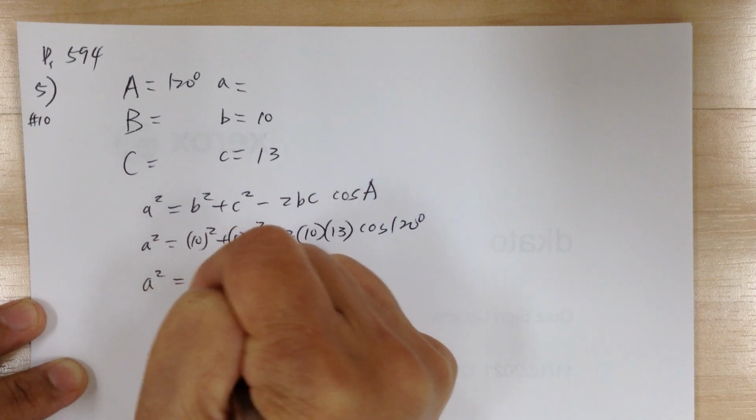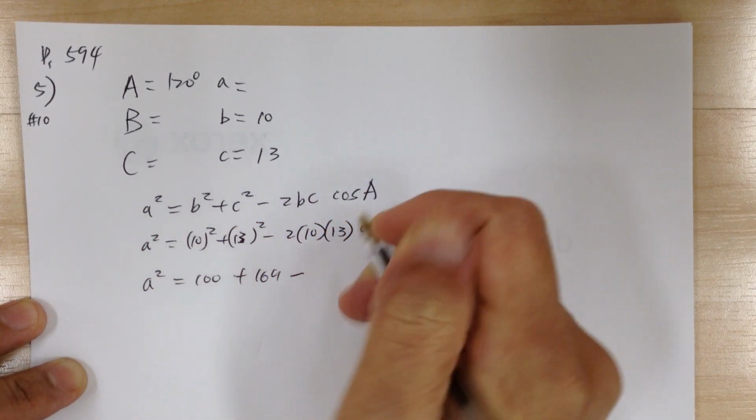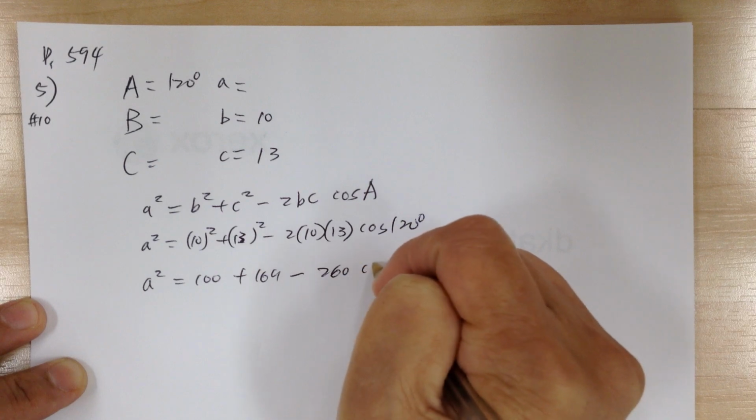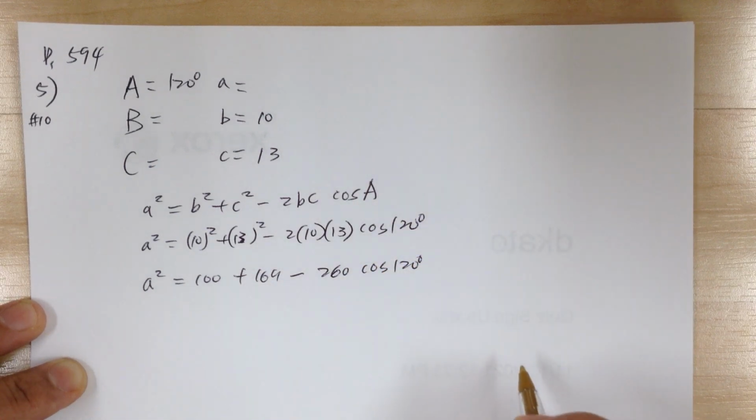So a squared equals 100 plus 169 minus 260 cosine of 120 degrees.